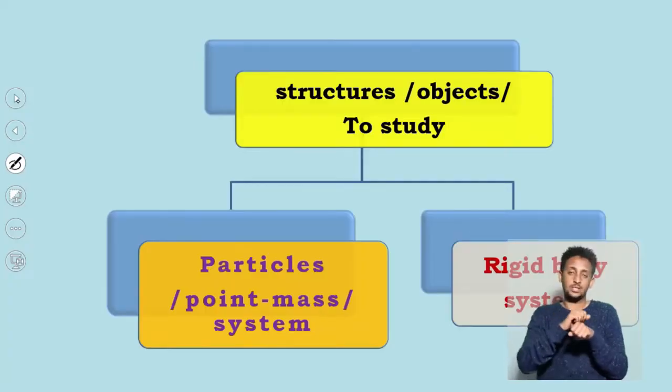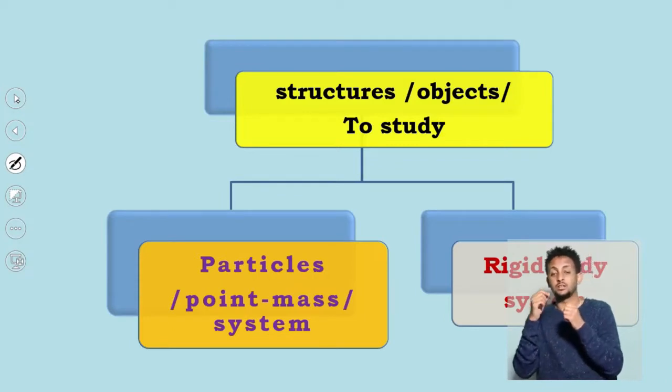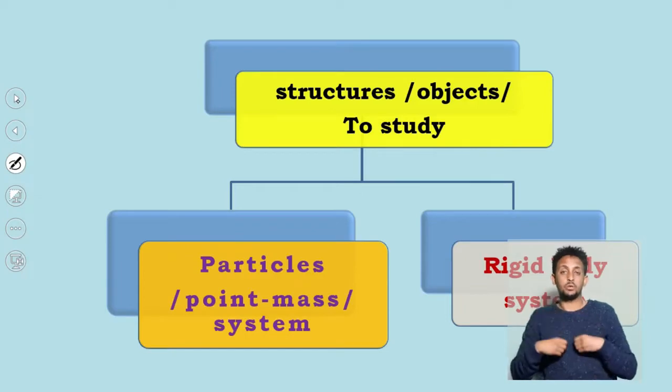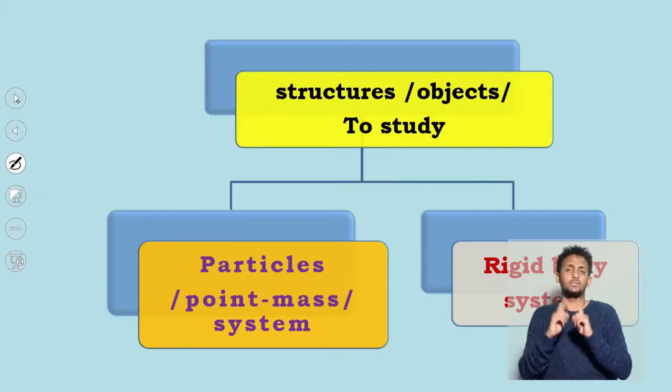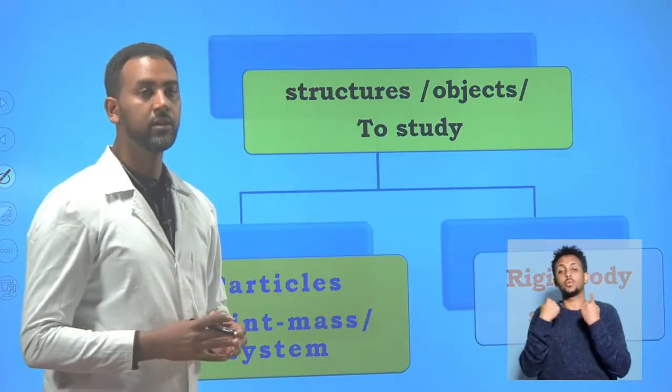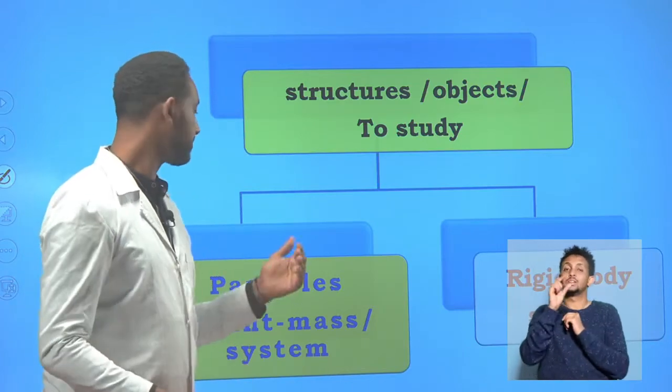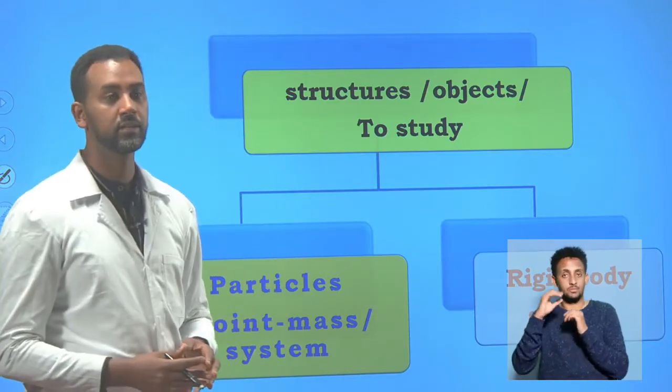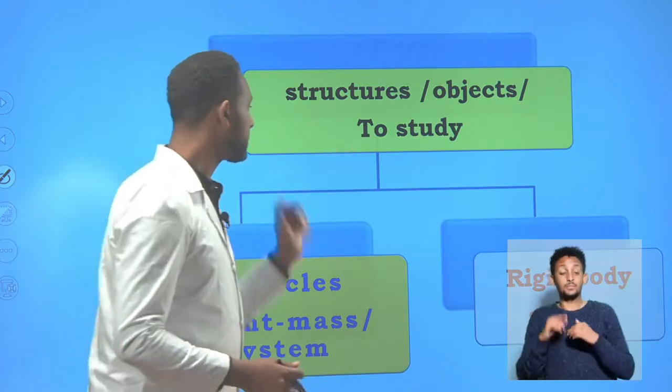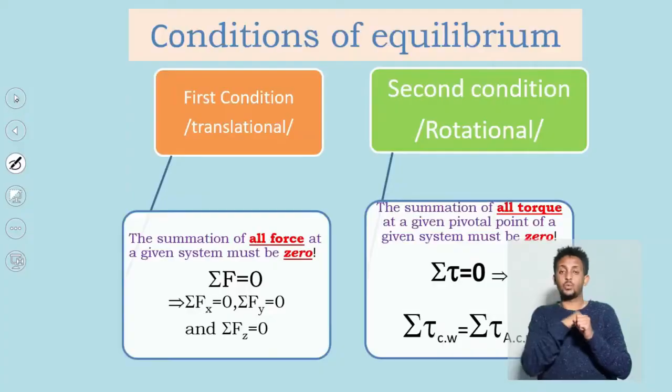And the rigid body system is the other kind that we are to focus on, like a bridge, a bar, a cantilever, or different structures. So we focus on rigid bodies, and we also look at particle systems. These are the structures that we are going to deal with.